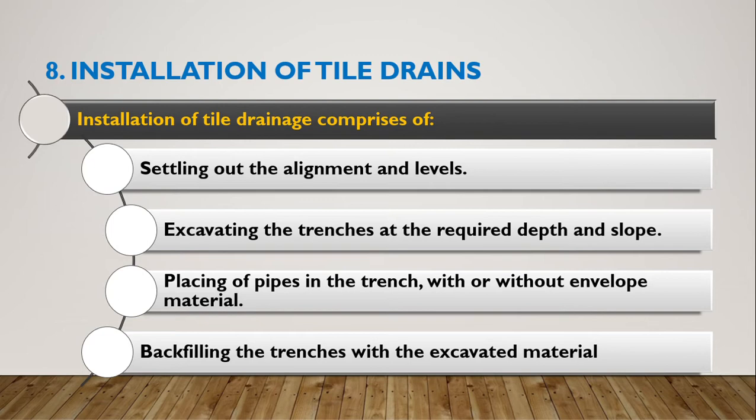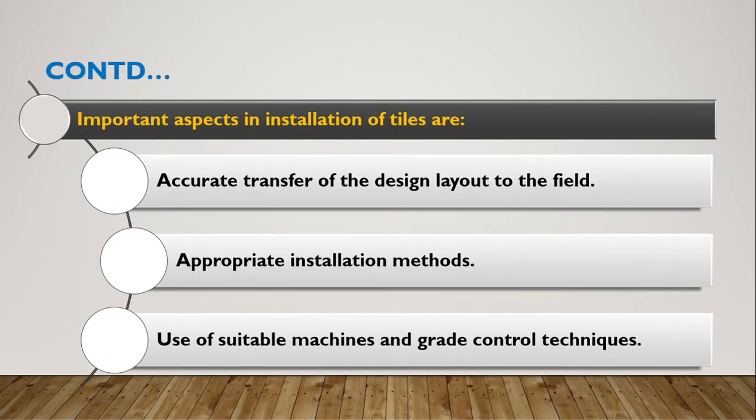We have chosen a particular type and diameter of pipe for our area. So we have to place that pipe in the trench with or without envelope material. Sometimes we have to use the envelope material. Other times we can just lay the pipe itself, with no need of envelope material. And after placing the pipe, we have to backfill the trench with excavated material. So these are the main steps in installation of tile drains.